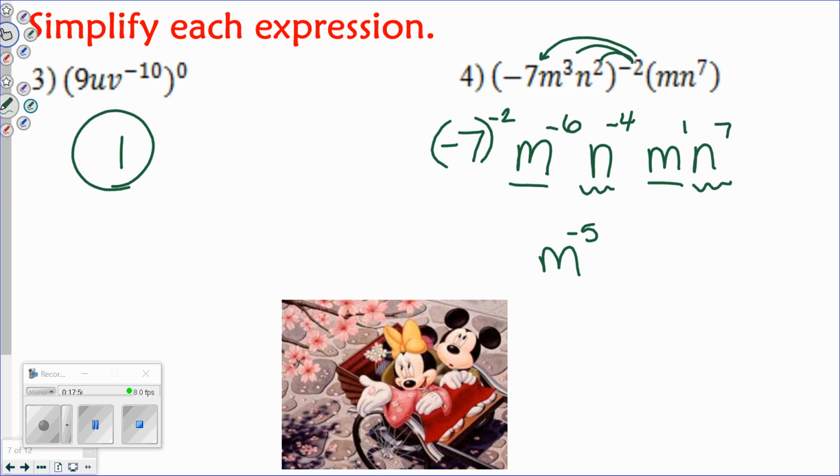Good, and then you have n's, which is cubed. -4 plus 7 is 3. And I still have this -7 to the -2. Okay, again, one step at a time. Don't do 7 things in one step. All I did was put my like stuff together. That's all I did.